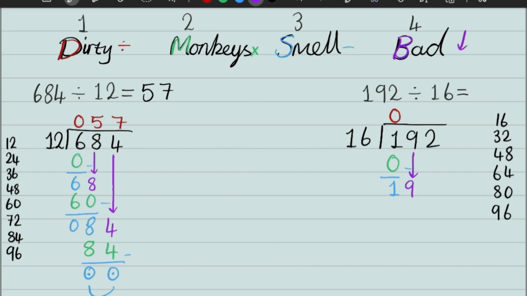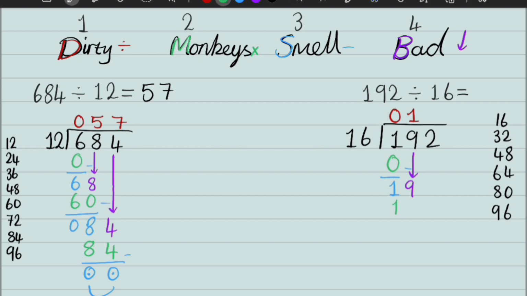Okay, so now what we need to look at is we're going to go for division again. Dirty monkeys smell bad. Division. What is 19 divided by 16? Looking over here, it only goes in one time. Multiply. Dirty monkeys smell bad. How many times does 16 go into 19? 16 multiplied by 1 is 16.